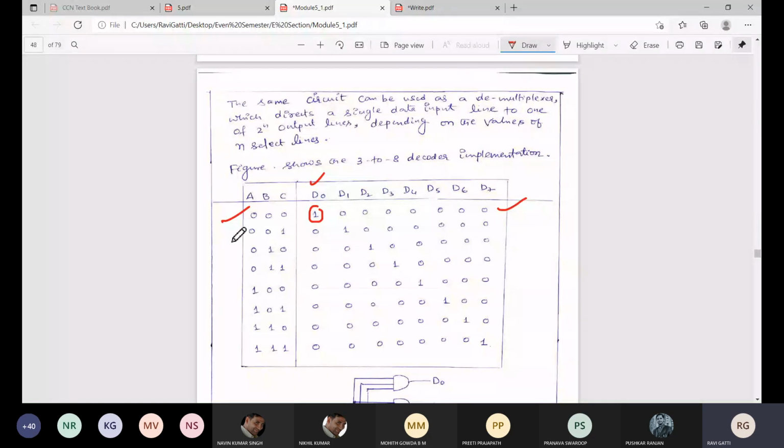Next, when ABC is 0 0 1, D1 will be selected and all other outputs will be 0. Similarly, 0 1 0 means the second output is active, 0 1 1 means the third output is active, then the fourth, fifth, sixth, and finally the last output is active.